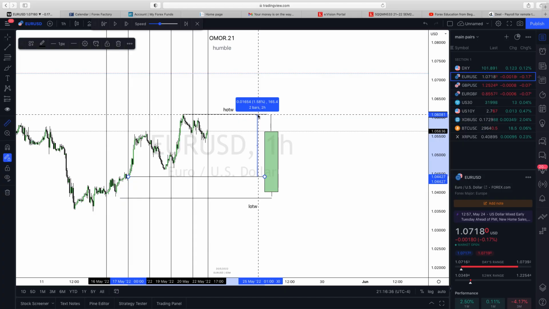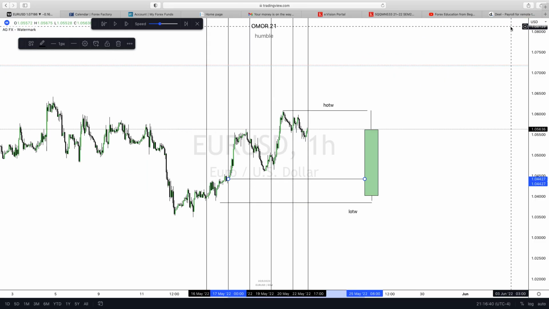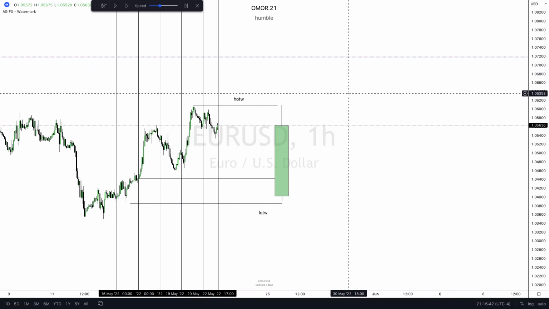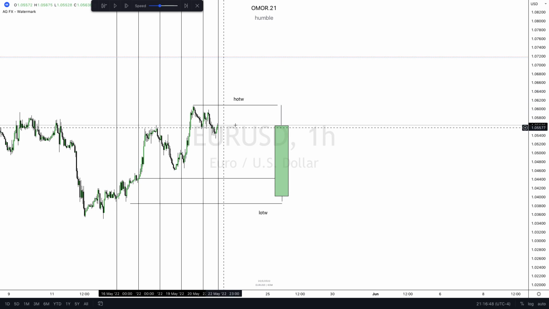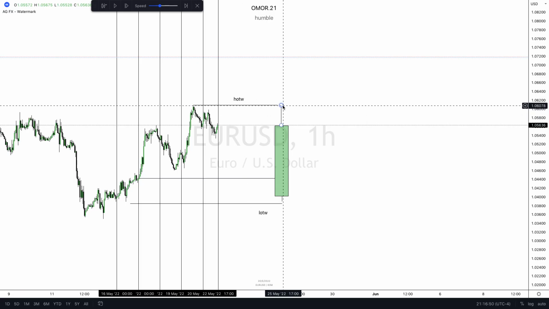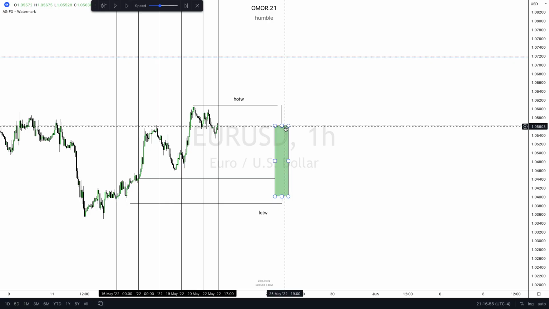That was the expansion from Tuesday to Thursday, and that is what we aim to capture as a day trader. We don't aim to capture the move back down into the range. We don't look to trade this high here to the close.